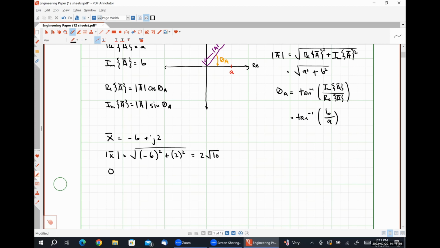And then the angle theta x is going to be the inverse tangent of 2 over -6. Can't do that in my head. I get -18.435 degrees.